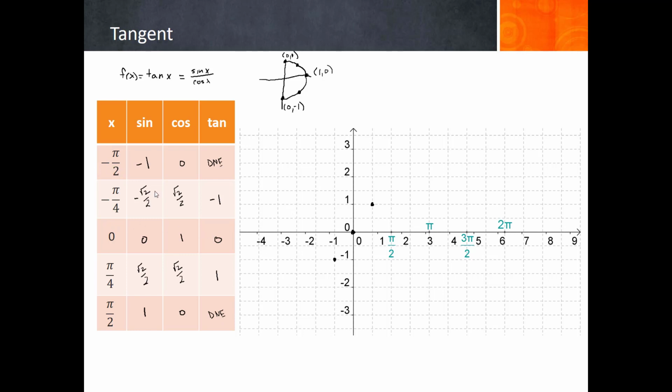So in this case, we're going to have a vertical asymptote at negative pi over 2, and another one at positive pi over 2. So the graph has to go from negative infinity through these points and then up through positive infinity.